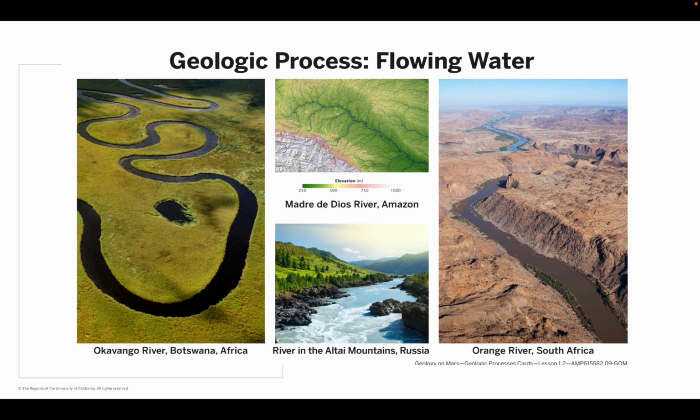But if you look at it from the bottom right to the top left, you could say it's curving, but it's going in the same direction, so it's kind of going in a straight line. If you look at the river or the landform in the top middle section, we also see that they branch and that they actually merge as well.